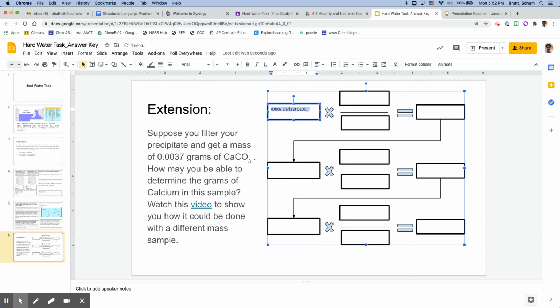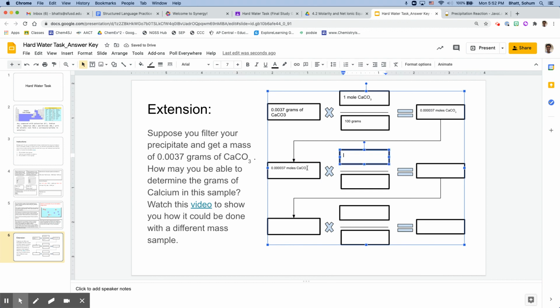Let's make that a little bit bigger. And then you would first convert to moles of CaCO3. So 1 mole is about 100 grams, and that would give you 0.000037 moles of CaCO3. And that number comes right back down here. And now you're going to convert to moles of calcium.